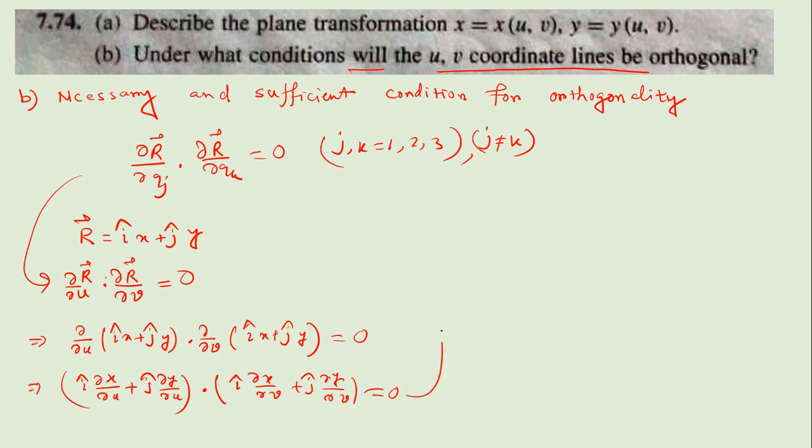Taking the dot product, with i dot i equal to 1 and j dot j equal to 1, you get del x del u into del x del v plus del y del u into del y del v, which is 0. And this is the required condition.